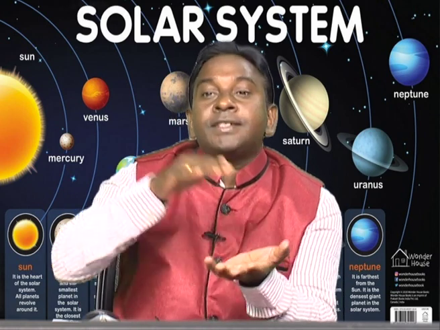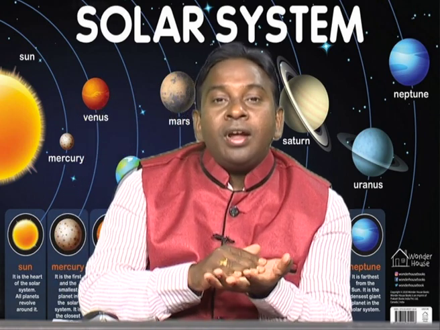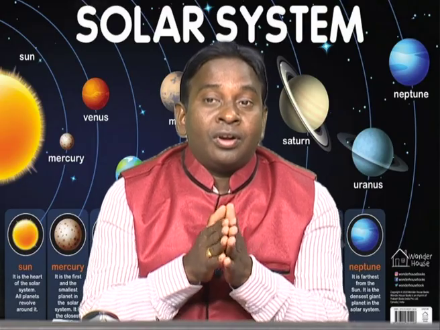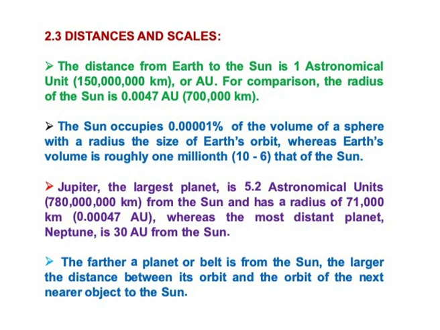The distance from the earth to the sun is 1 astronomical unit, note that point. You see what a great distance it is from earth to the sun, approximately 15 crore kilometers.